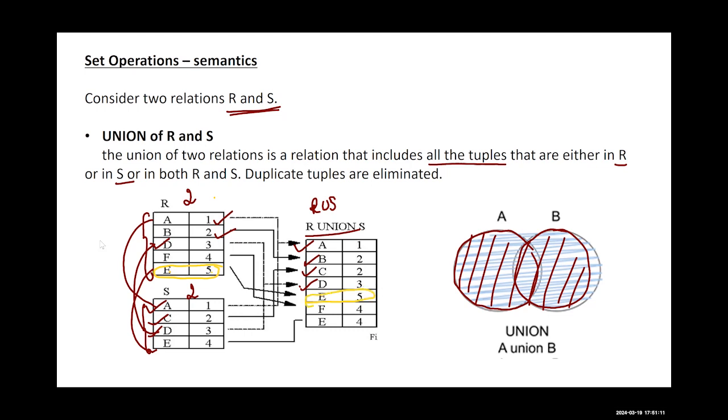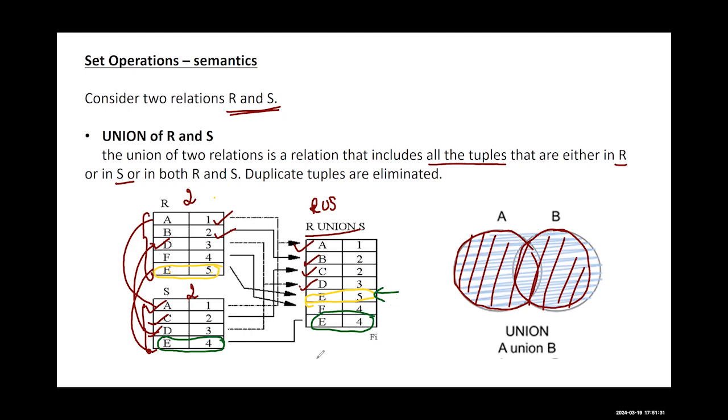But when it comes to S, that is your S relation, E, the first column value is E, but the second column value is 4. Hence, it is not a repetition, we are going to take it as a new value. Remember, each row represents a particular real world entity.